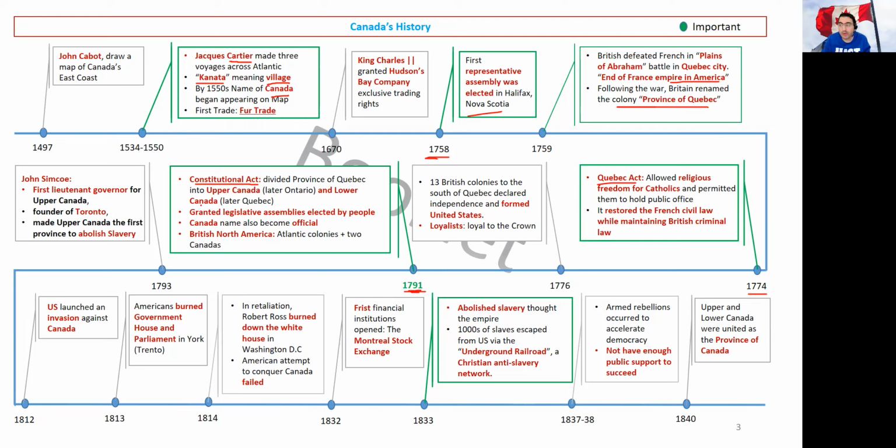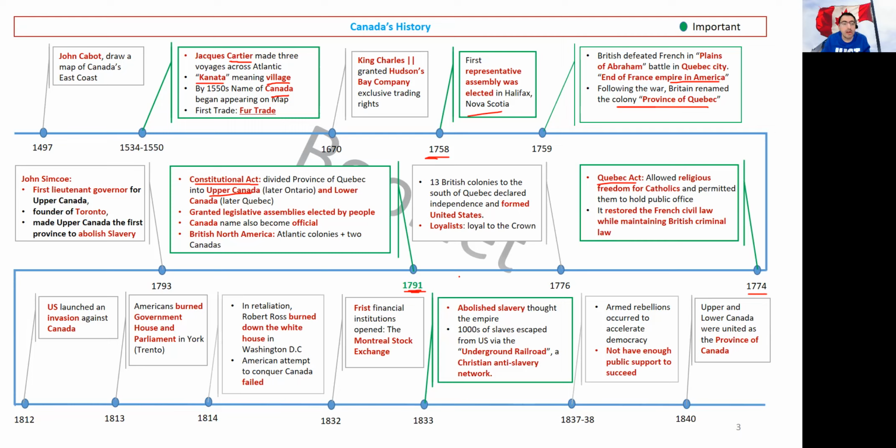It was divided into two provinces: Upper Canada, which later became Ontario, and Lower Canada, which later became Quebec. They also provided for legislative assemblies elected by the people, and the name Canada became official on the world map in 1791. This can be a question in the exam.